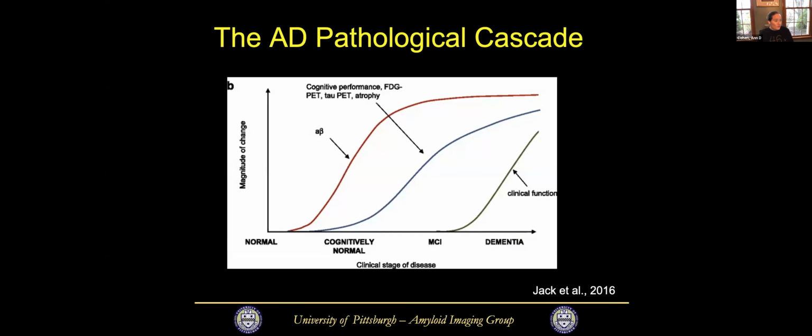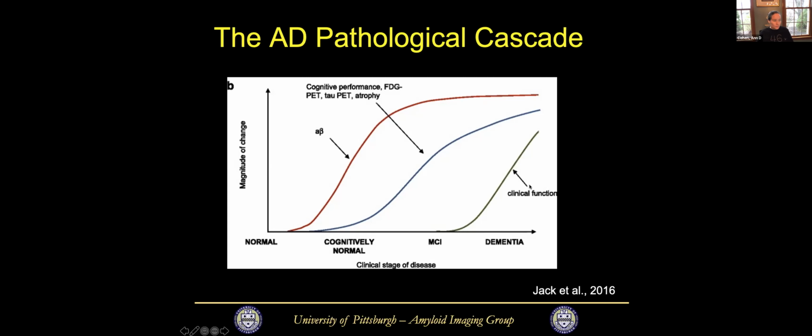So just as an introduction, when we're talking about the pathological cascade of Alzheimer's disease, we're talking about a cascade that starts at least a decade prior to the emergence of clinical dementia. So these are when people show up in the clinic complaining of memory problems.